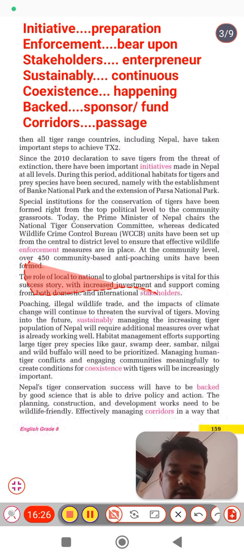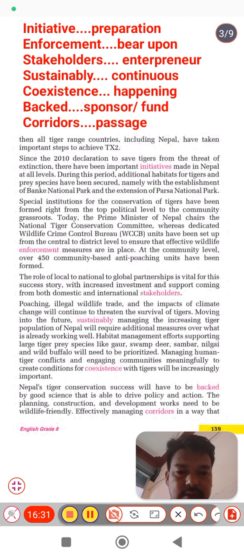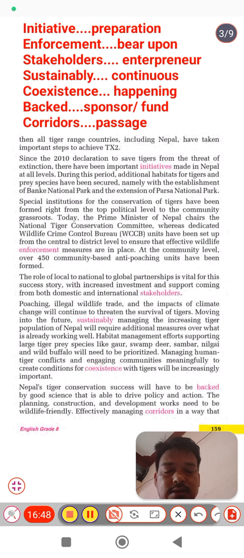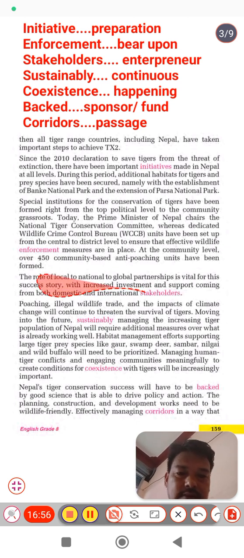For that, there is also an increase in financial support from both the domestic and the international level, and entrepreneurs. So both the international and domestic entrepreneurs should come forward and give some financial support so that we can establish such kinds of organizations or anti-hunting units, so that with the help of that we can stop the hunting of tigers.